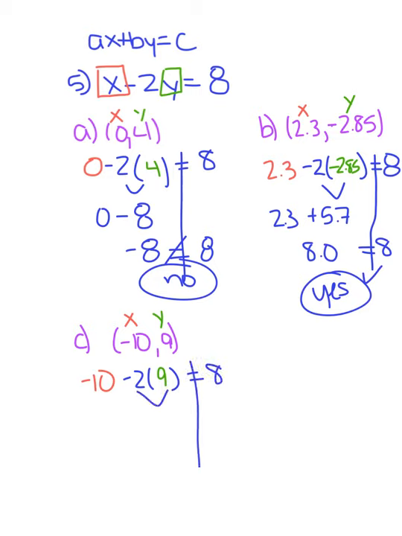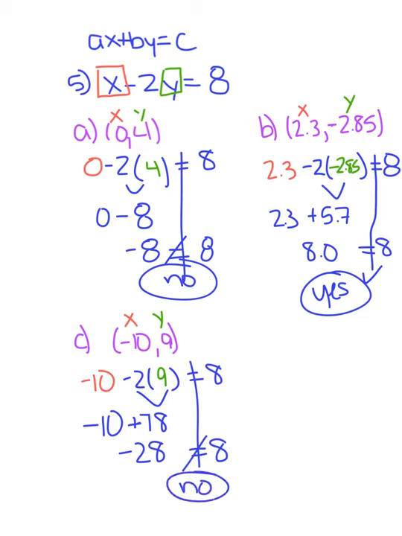Order of operations says we do this negative 2 times 9 first. That's negative 18. So I have negative 10 minus 18. If I do keep, change, switch, I keep negative 10, change it to addition, switch it to negative. That means this is negative 28. Does negative 28 equal 8? The answer is no.